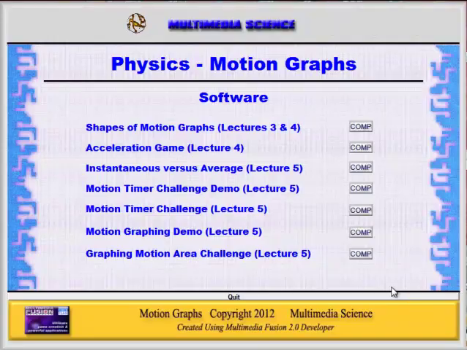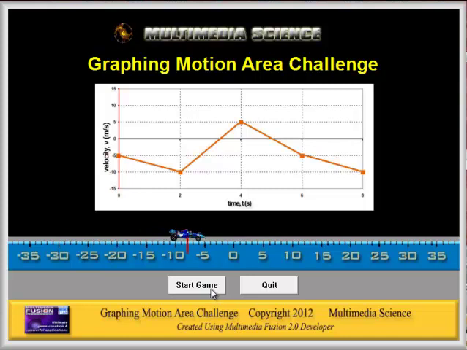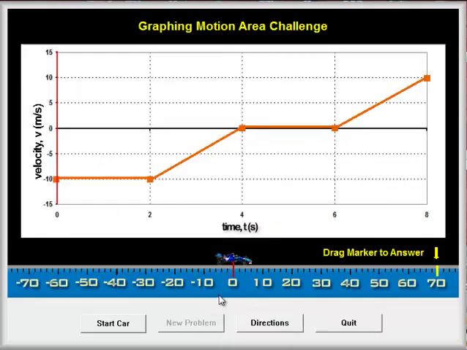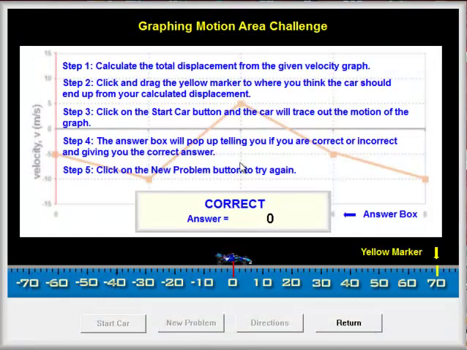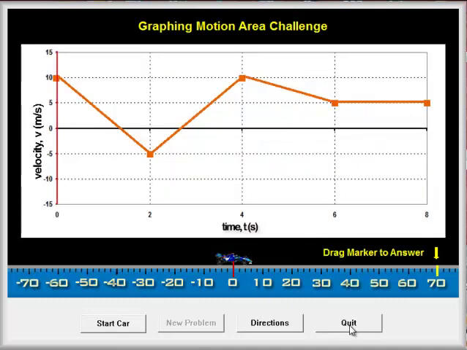Finally, there's the Graphing Motion Area Challenge. In this case, there are some directions. All of this software has directions. Students have to use the graph that is provided to figure out exactly where the car will end up.